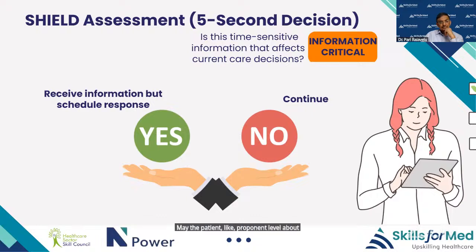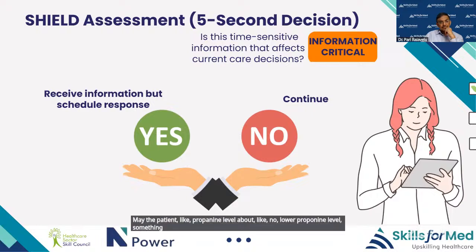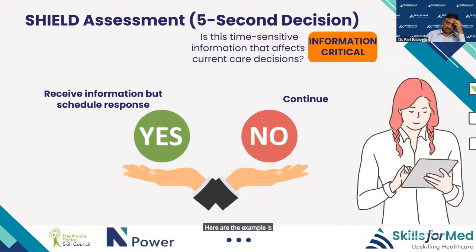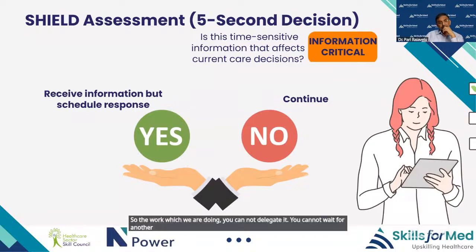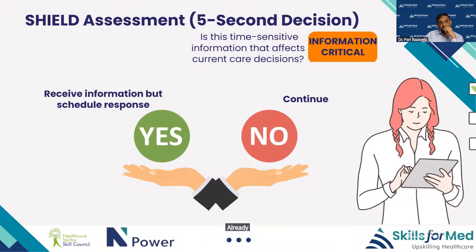If your junior is not good at handling critical care lab alerts, you can delegate the task you're doing to another colleague and take up that information, if it's critical. That's how you have to think about what the interruption is about. Here the example is a critical lab alert. It's very important, so the work you are doing, you can delegate it. You cannot wait another 10 minutes. Maybe another patient is already dying, so you have to make the important decision there.